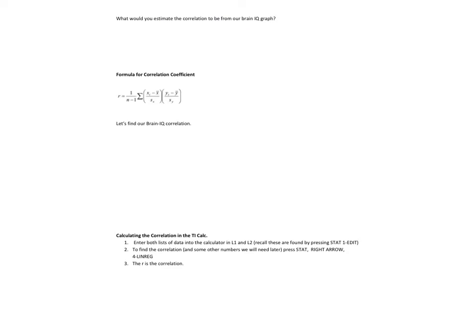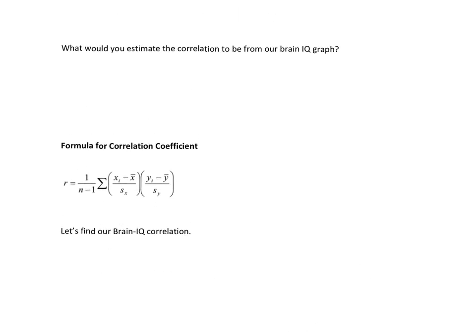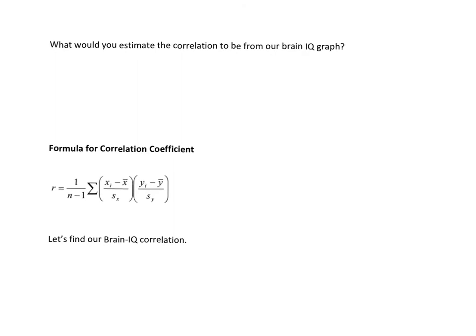So now we're going to talk about how to calculate the correlation coefficient. We're first going to estimate our correlation coefficient from our brain graph. If we go back to that graph, I drew a semi-line that hit all but about two of my values, but they were huge outliers.